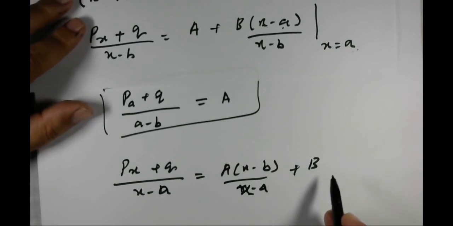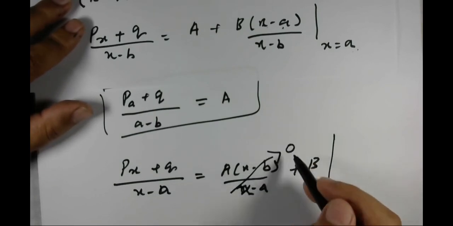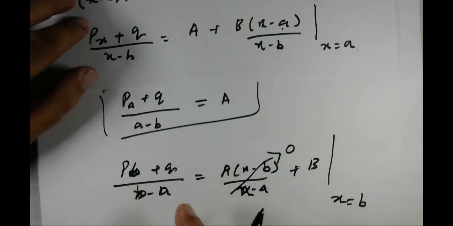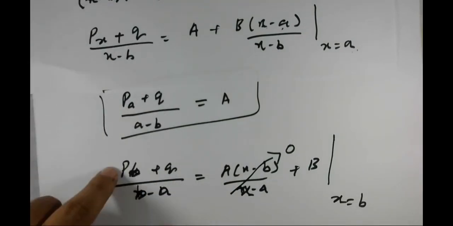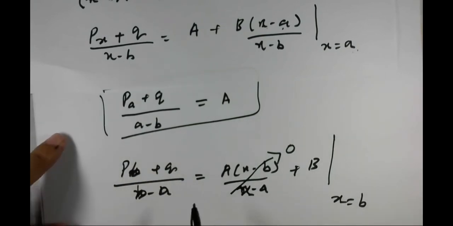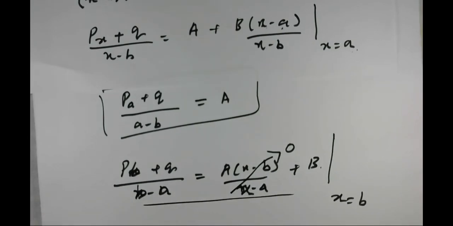Now evaluate this at x equal to b. When you put x equal to b, this term goes straight away to 0. Previously it was a minus b, now this is b minus a. p, q, a and b are constants, so you can easily find B. B is equal to (pb + q) divided by (b − a). That's how you find the values of A and B.